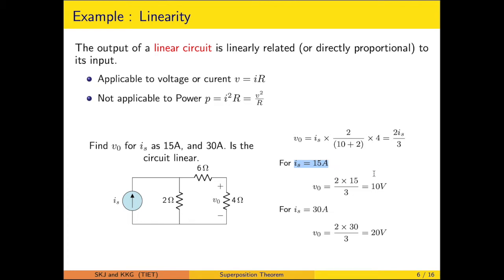Correspondingly V1 is equal to 10 volts and V2 is equal to 10 volts. When the combined input of 15 plus 15, 30 ampere, is taken, the output voltage is equal to V1 plus V2, which is 10 plus 10, equal to 20 volts. In that way you can conclude that the circuit is linear.